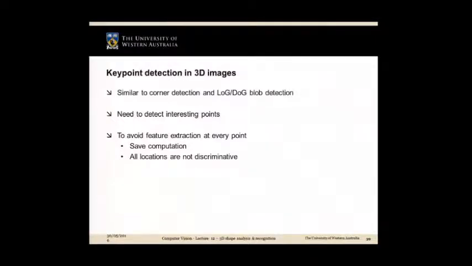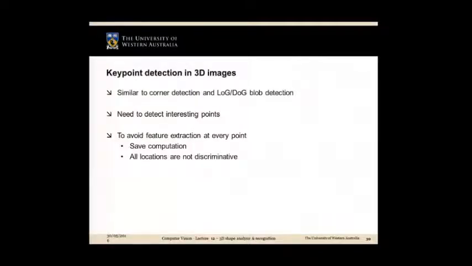If you use all the points on a 3D surface, that will be computationally expensive. If you extract features from each and every point of a 3D surface, that will be computationally expensive. So if you just find some significant points on a 3D surface and use those points for feature extraction, that will make your algorithm computationally efficient, right?